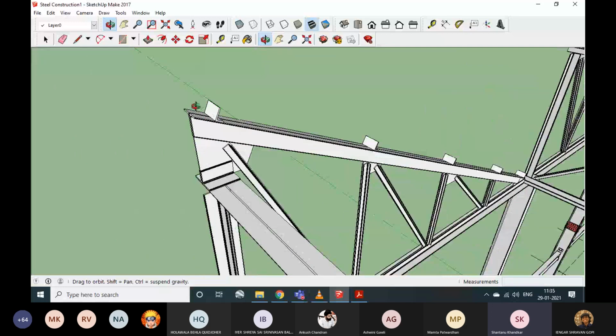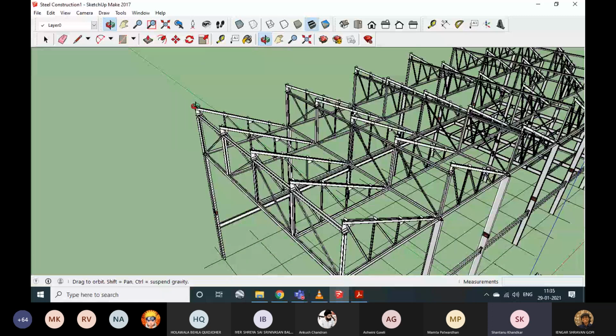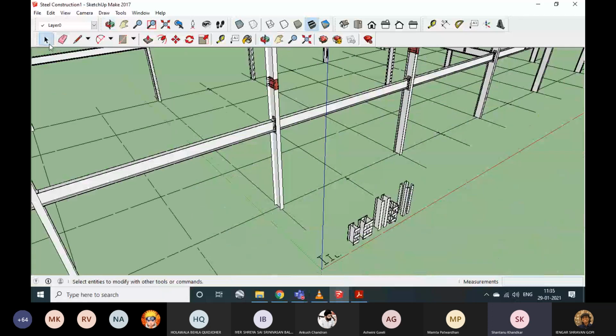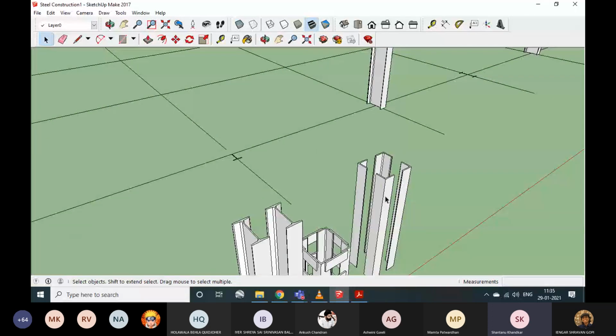If I want to explain to you what I mean by that, let me just see if I can very quickly get one of these angle sections over here.